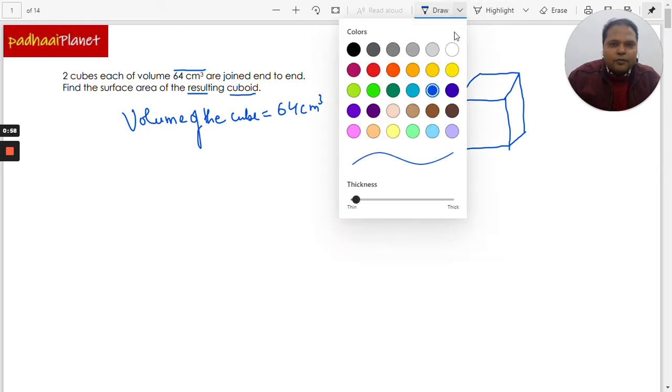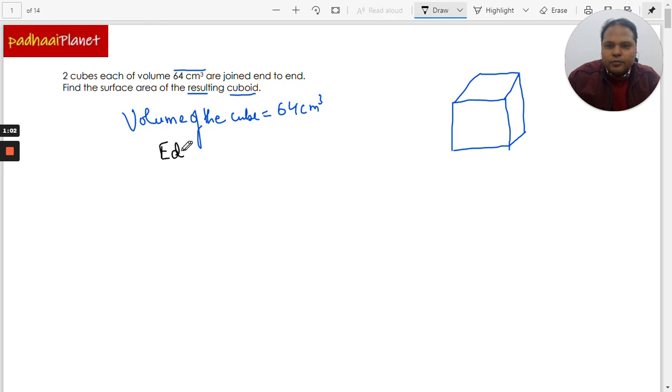So if we have to find the edge of the cube, that's going to be the cube root of 64, and that means it's 4 centimeters, right?